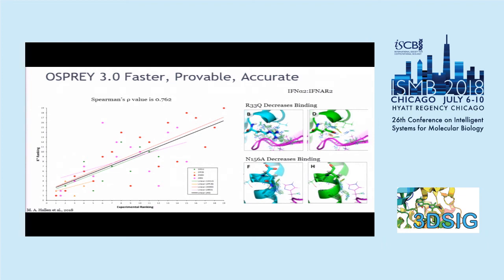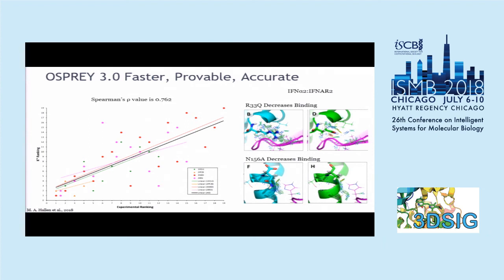On the y-axis you have the K-star rankings, which are our calculated rankings, and on the bottom you have the experimental rankings. The top mutation is ranked #1, and the bottom mutation is the last ranked. If you get a Spearman value between these rankings, you get 0.762, which we think is very good.